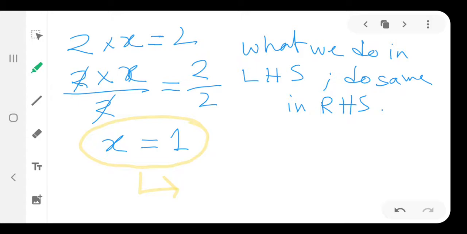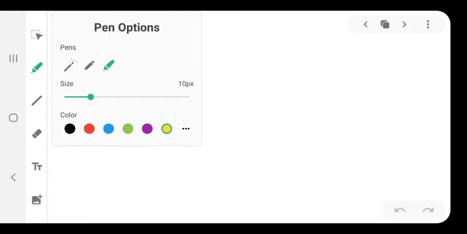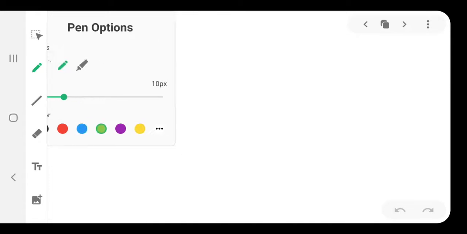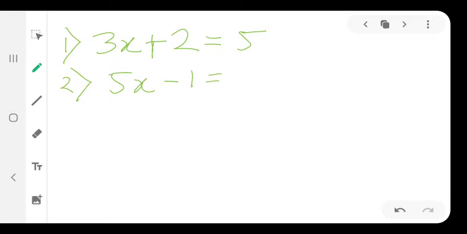So for your practice, I'm giving you some examples and you can try them. This can be your exercise also. First is 3x plus 2 equal to 5. Second is 5x minus 1 equal to 10.